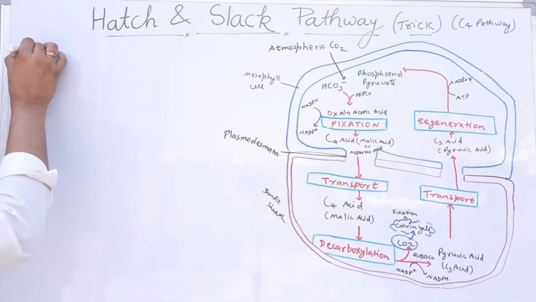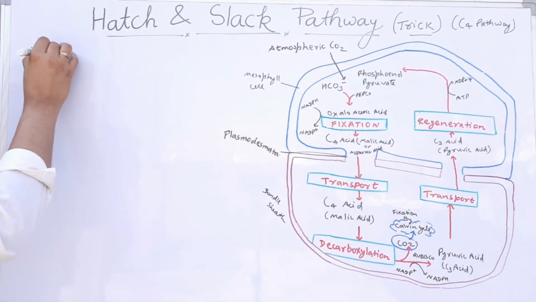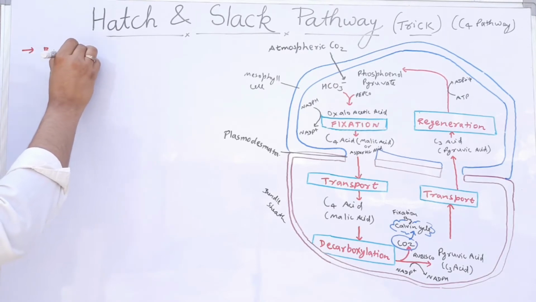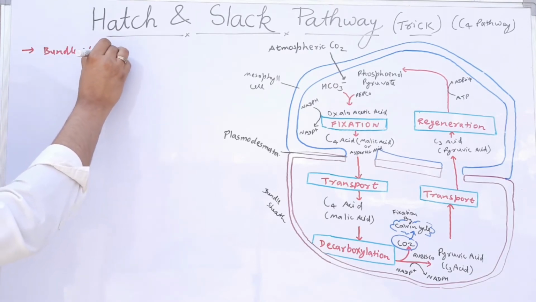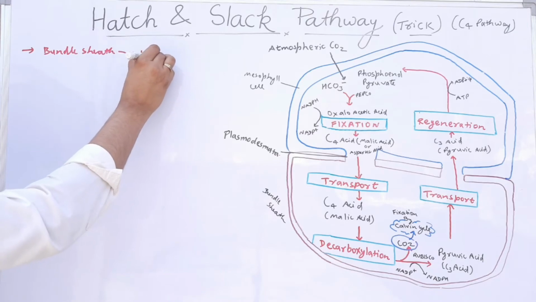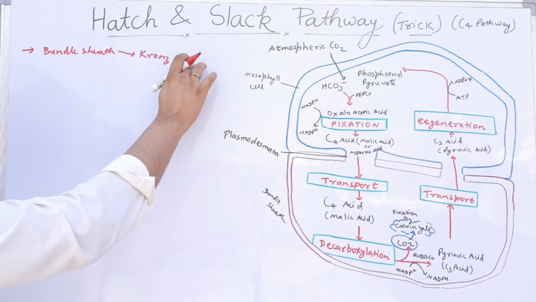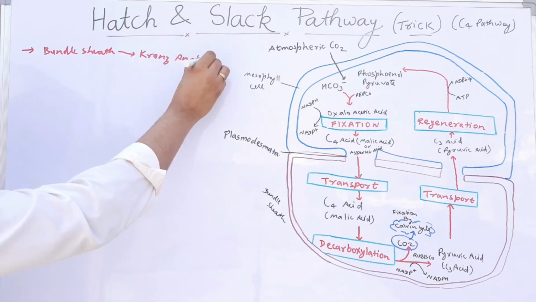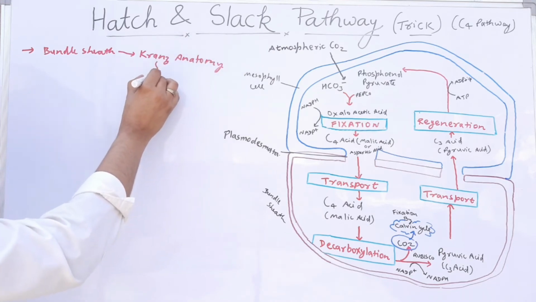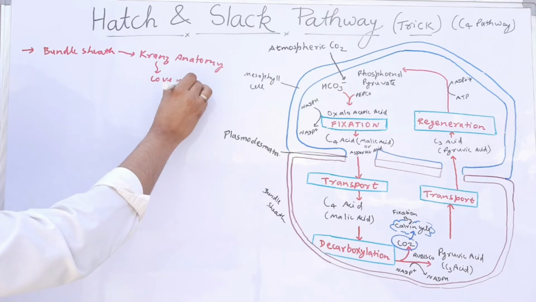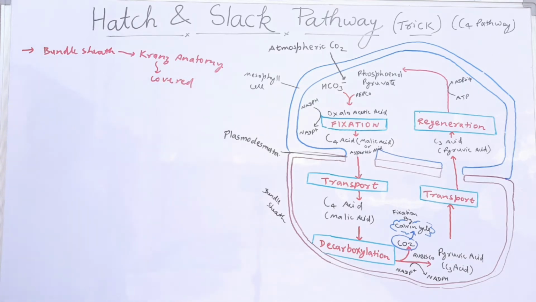In order to reduce the loss, the bundle sheath has a special kind of arrangement called Kranz anatomy. Kranz anatomy is the specification of C4 plants. Kranz means covered. So the bundle sheath is totally covered.